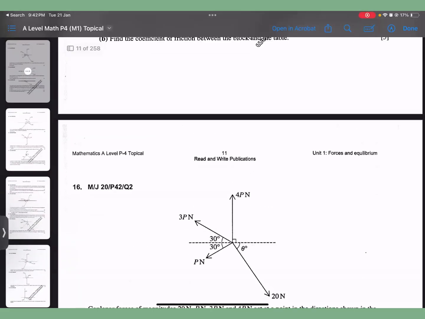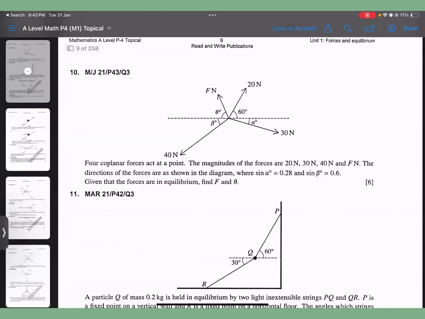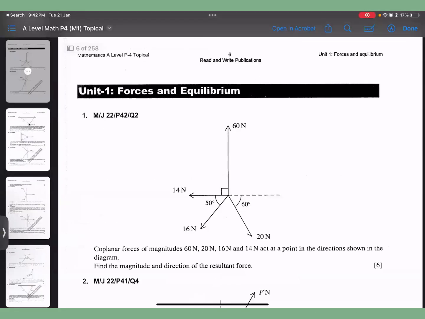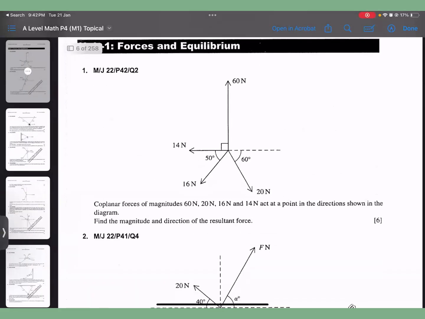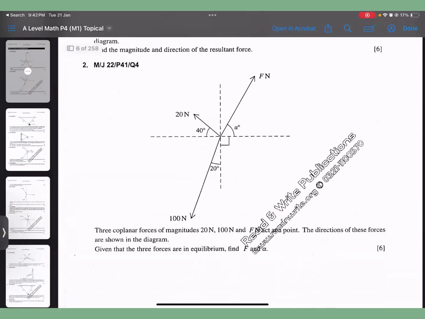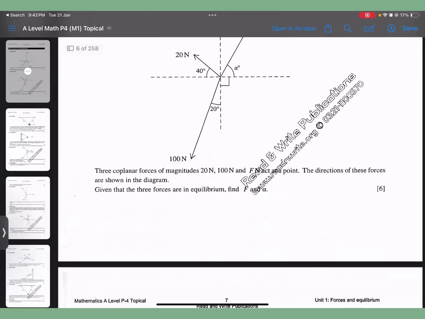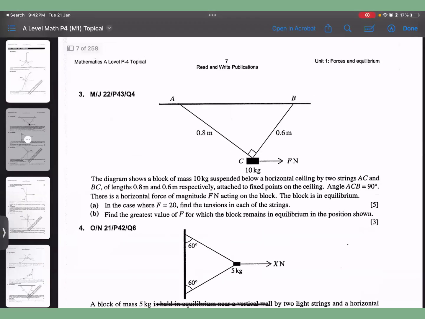Let's do a very recent one. Question number over here. Find the magnitude resultant force. Okay, this is easy. Look, question number 2 is also the same way. Exactly same thing. You would form two equations in the horizontal and vertical and then solve them simultaneously. Let's see if we have something different.